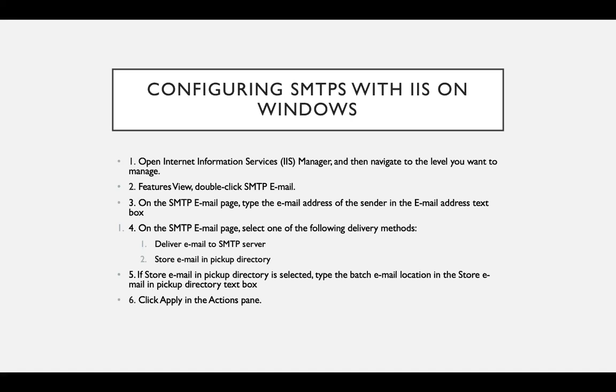On that page, you type the email address of the sender. Inside the SMTP email page, you select one of the following, whichever one you accept. If it's storing the email, you pick directory and the batch, but if it's deliver, it's a whole other extra step, and then after that, you apply.